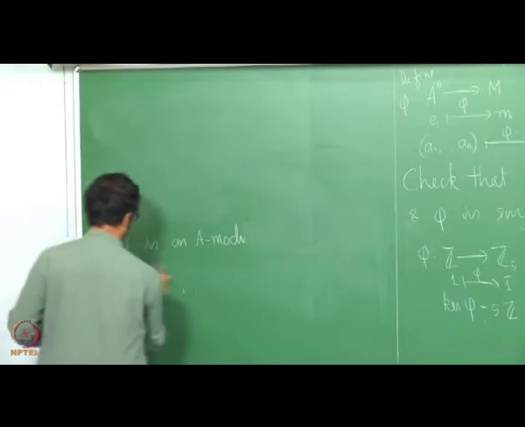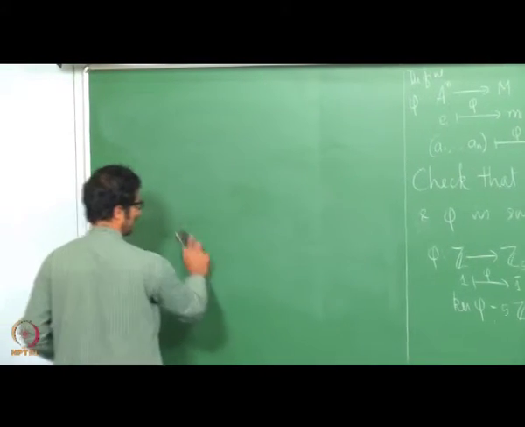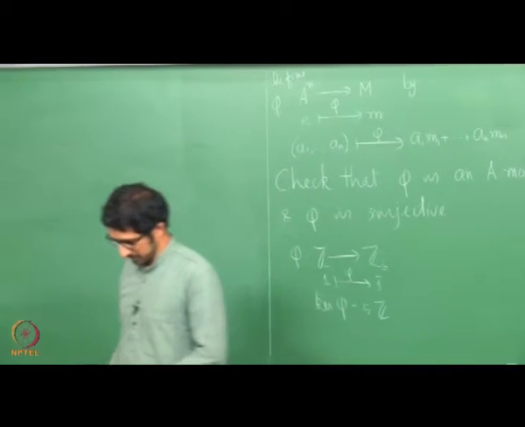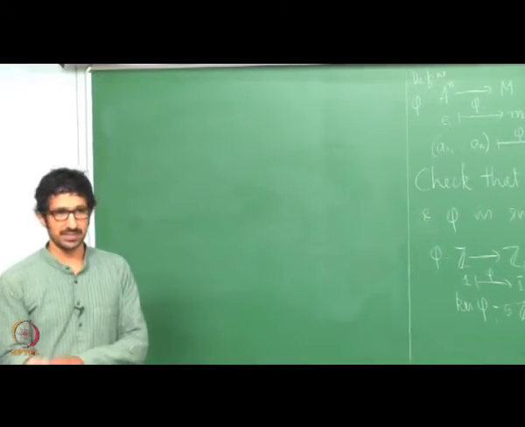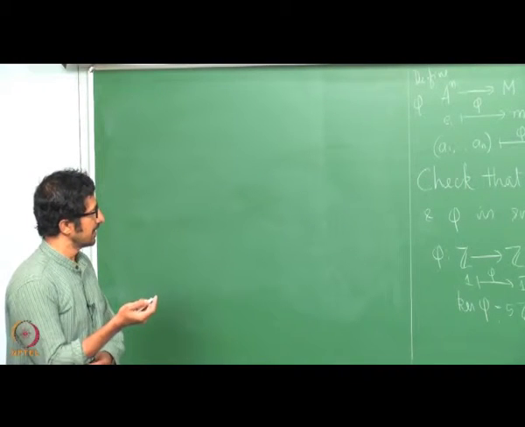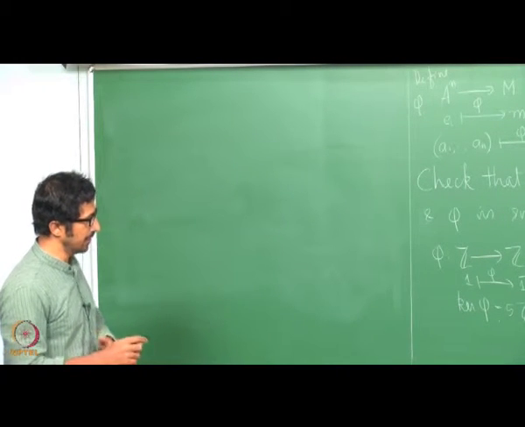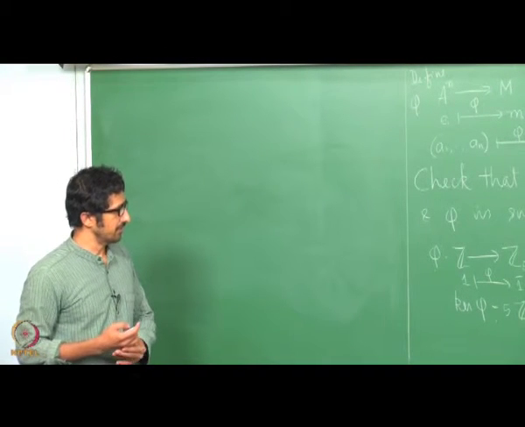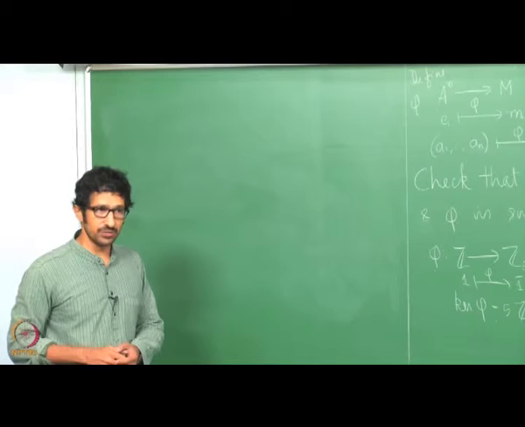Now, finitely generated modules are very special, they behave very well, as in the case of finite dimensional vector spaces, particularly when the ring is also nice, which we will see later when the ring is Noetherian.